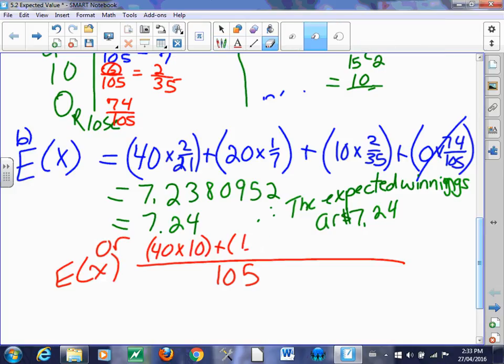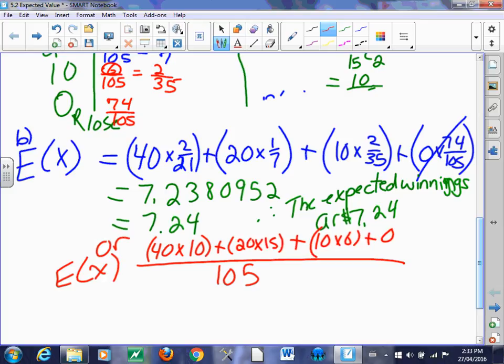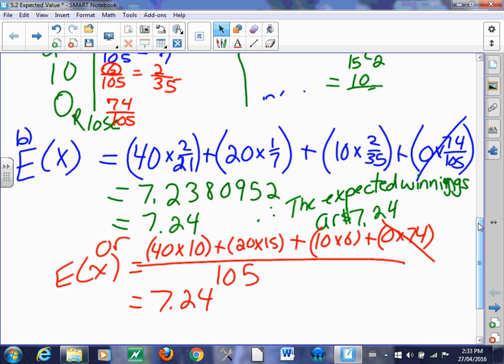It's just a shortened way of doing it. You might like it this way. So 20 times 15 plus 10 times 6 plus 0 times 74. And then put them all over 105. Might be easier for you. Okay, and of course 0 times anything is going to be 0. So that would still give you 7.24. Okay, all right, next page.